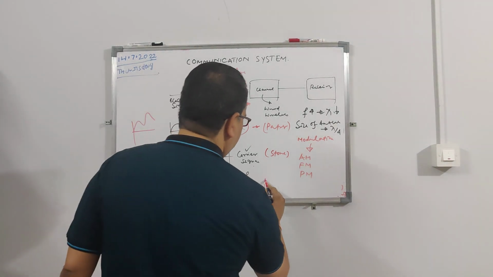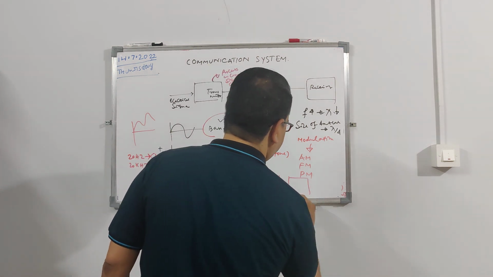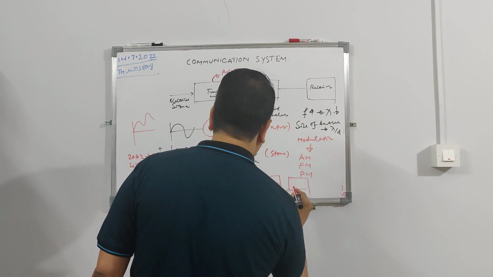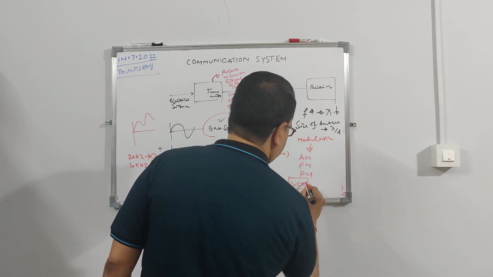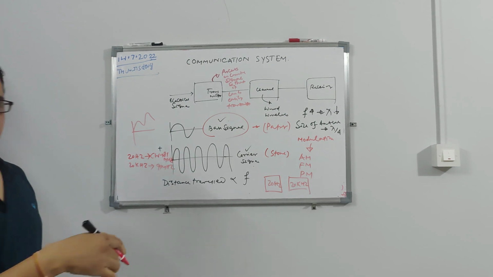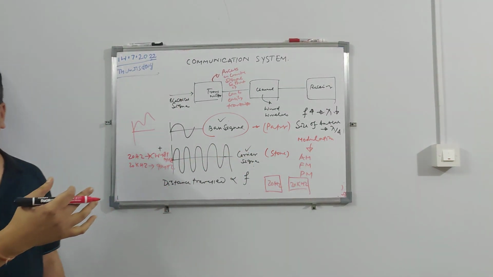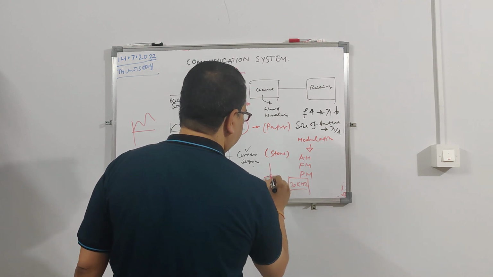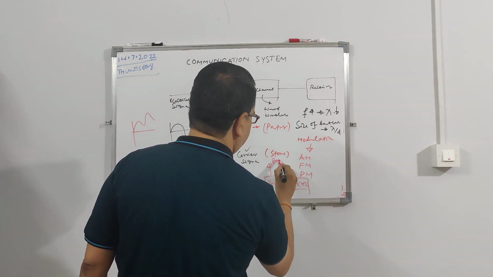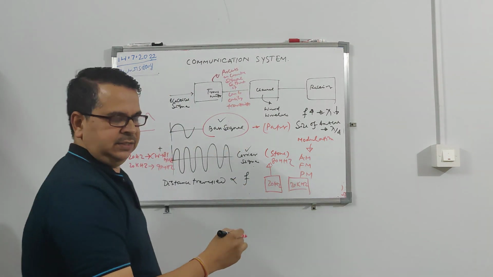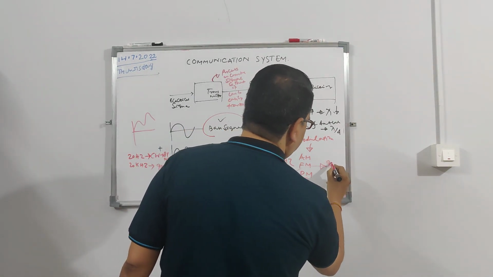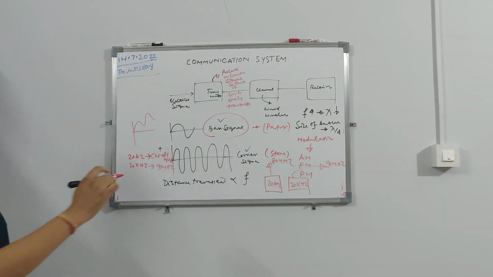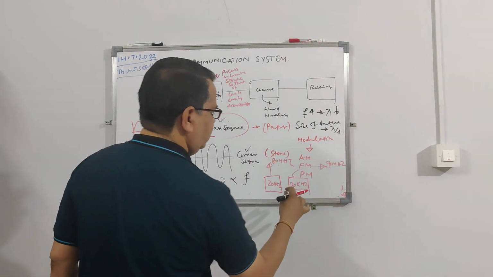Suppose you have someone talking here, someone talking here. One is 20 hertz and the other is, let us say, 20 kilohertz. So there are chances of these two getting mixed. But if you modulate it and convert it into say 80 megahertz, and modulate the other and convert it into 90 megahertz, then imagine these as two radio stations.